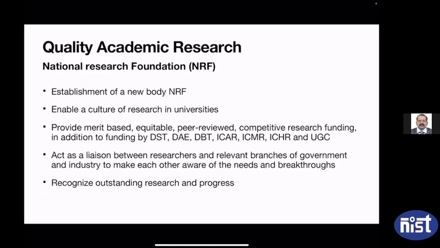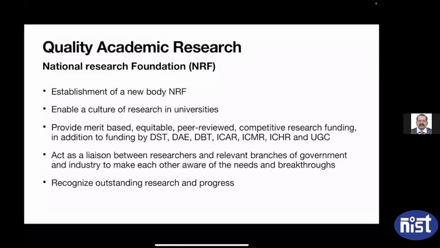Then there's the setting up of this body called the National Research Foundation, which will enable a culture of research in universities. And it will provide merit-based, equitable, peer-reviewed, competitive research funding. And this will be in addition to the current research funding granting bodies like DST, DAE, DBT, ICAR, ICMR, ICHR, and UGC.